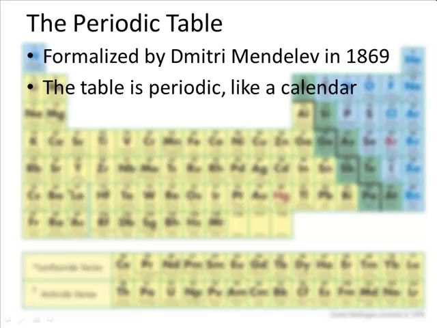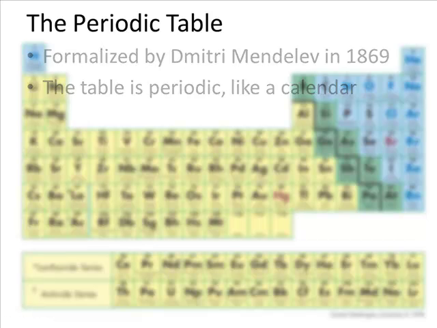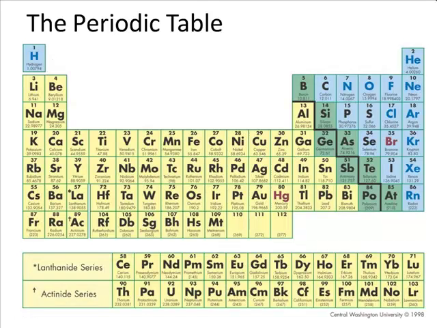The table is periodic, just like a calendar is periodic. A calendar goes through periods of weeks, while the periodic table moves through different types of elements. If you look at it this way, you can already see how the periodic table gives you information. For instance, on a calendar, you might say the first day of the week that would be displayed is Monday.